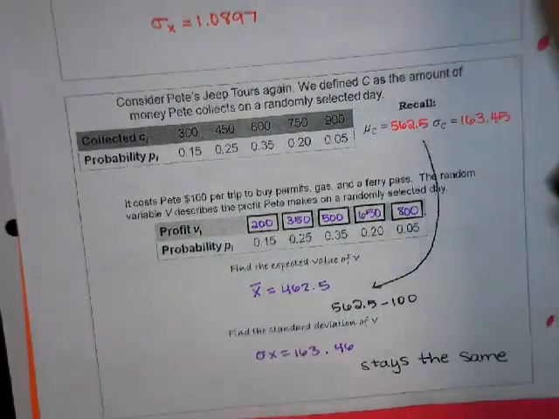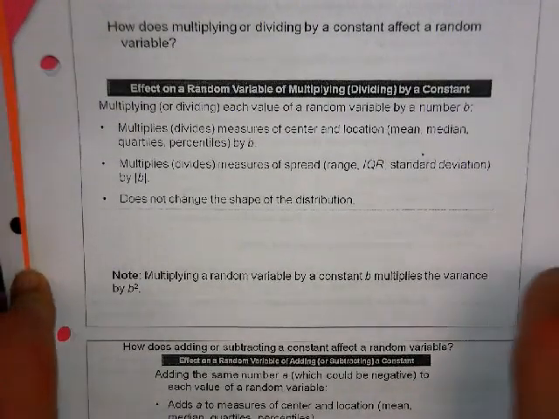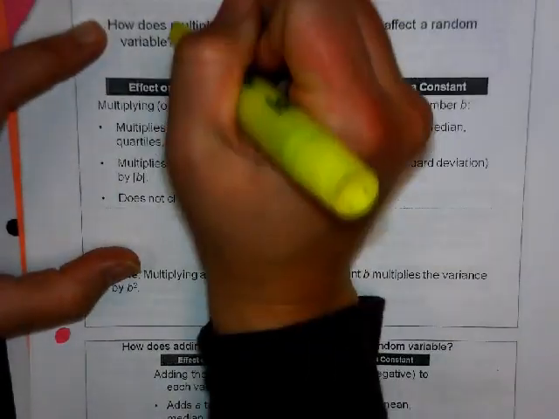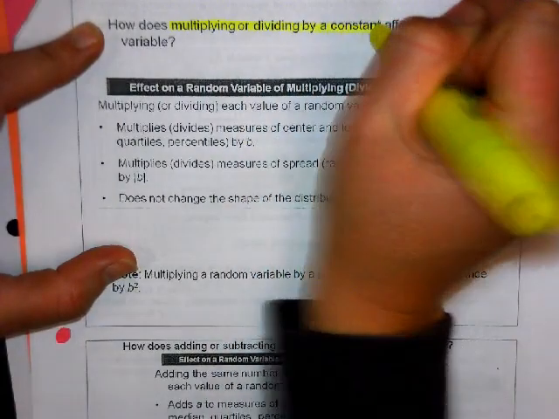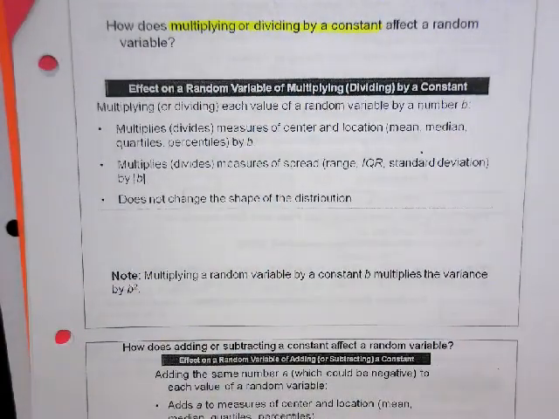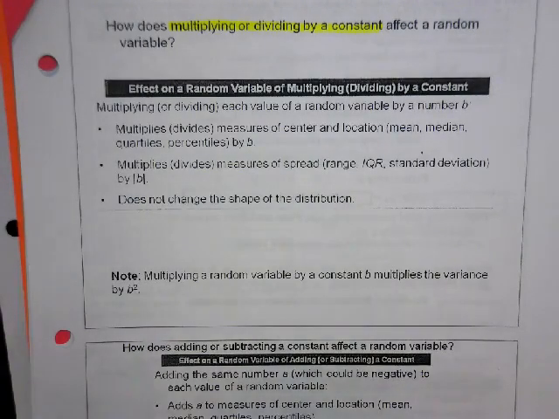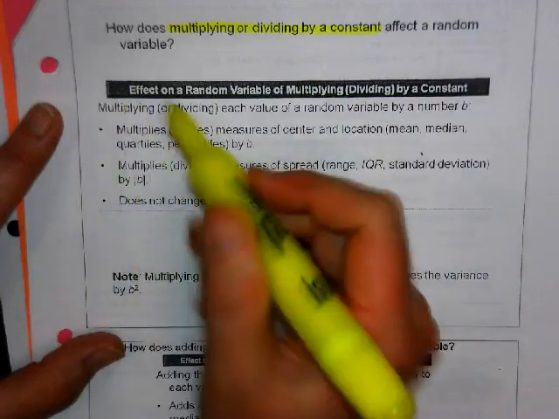I took the way the textbook summarized it, and I put it onto your notes for you, and I'm looking for my highlighter. There it is. So, multiplying or dividing by a constant. If we multiply or divide, because dividing really is multiplying by a fraction, we're going to multiply our measures of center.